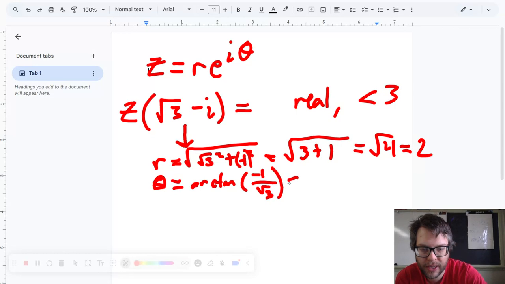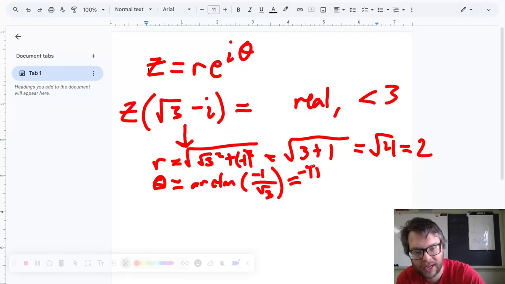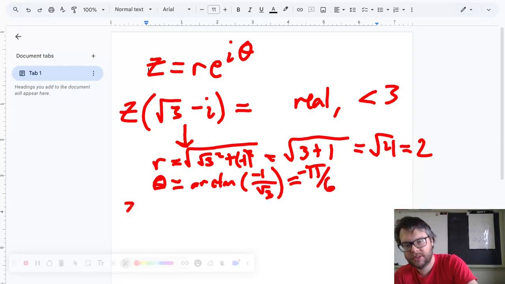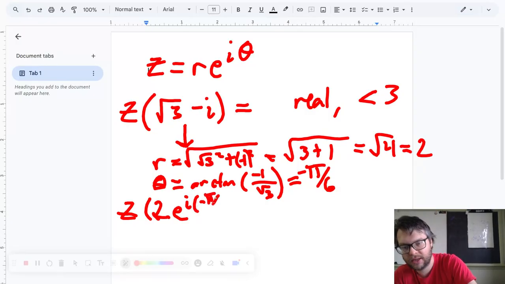If you think about that, that is short and wide. It went down less than it went over. So that's like a 30-degree angle, negative 30 degrees because it has a negative y value. So I'm going to call that negative pi over 6. So now my problem becomes z multiplied by 2 e to the i negative pi over 6.